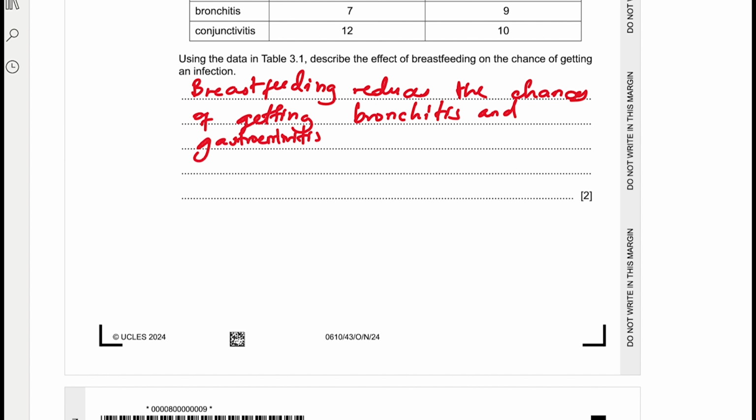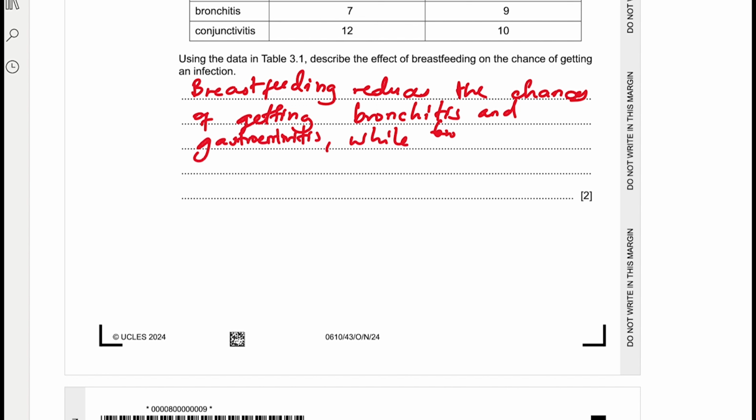This is the effect of what? Of breastfeeding. Alright, while we can see that with influenza and conjunctivitis, the children who were not breastfed were the ones who were having high risk. Alright, so it reduces the chances of getting these diseases.